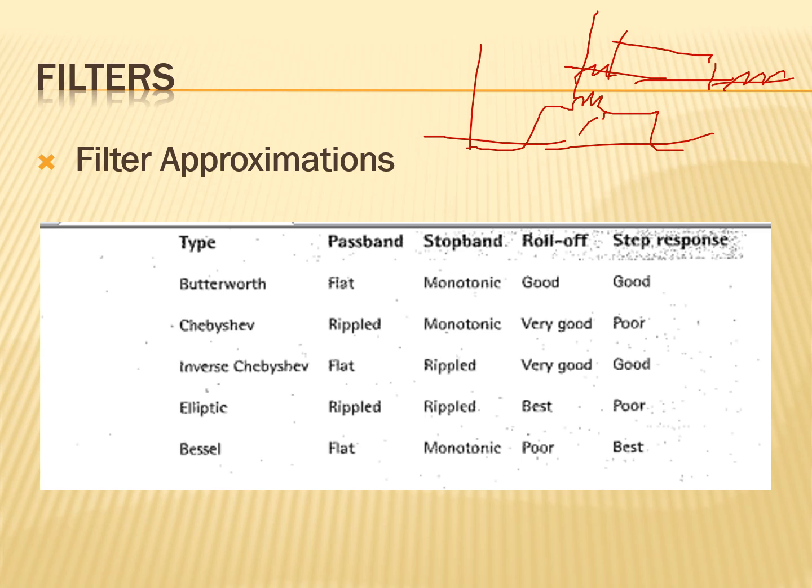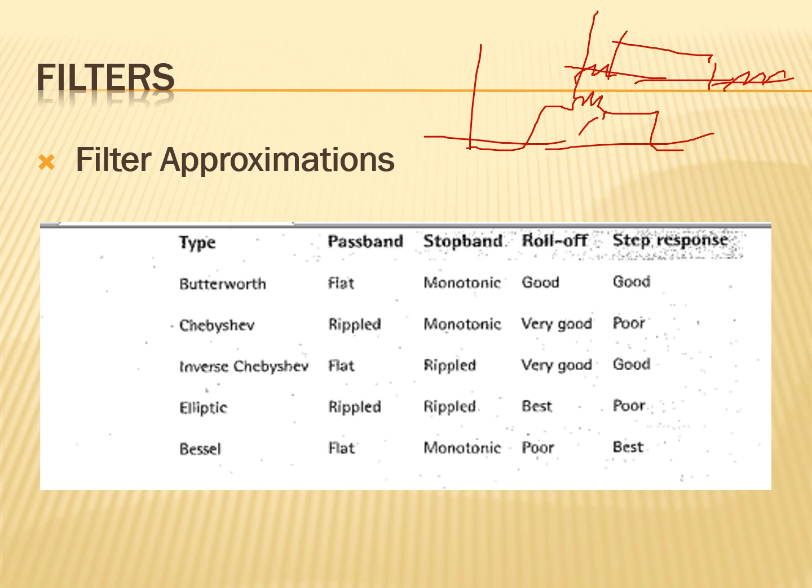Okay, so we just discussed the low pass filter. However, it is also true with the high pass filter, with the band pass filter, and with the band stop filter. Okay, so depending on your design, depending on your needs, you can make use of these 5 different approximations.